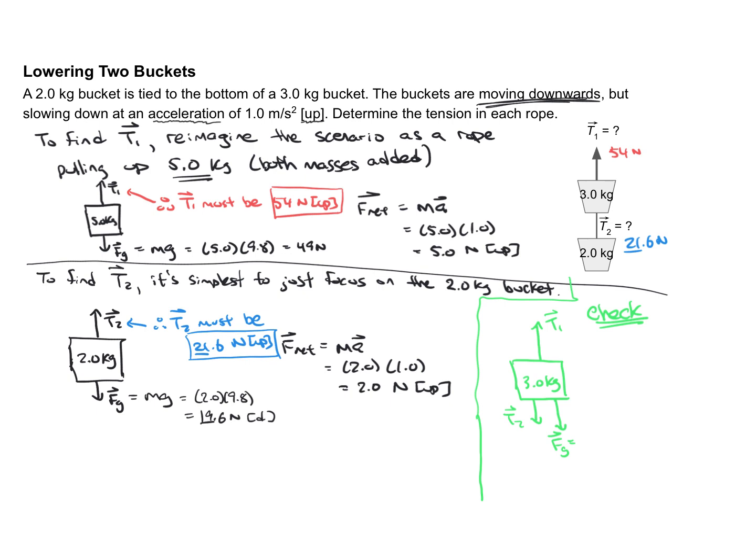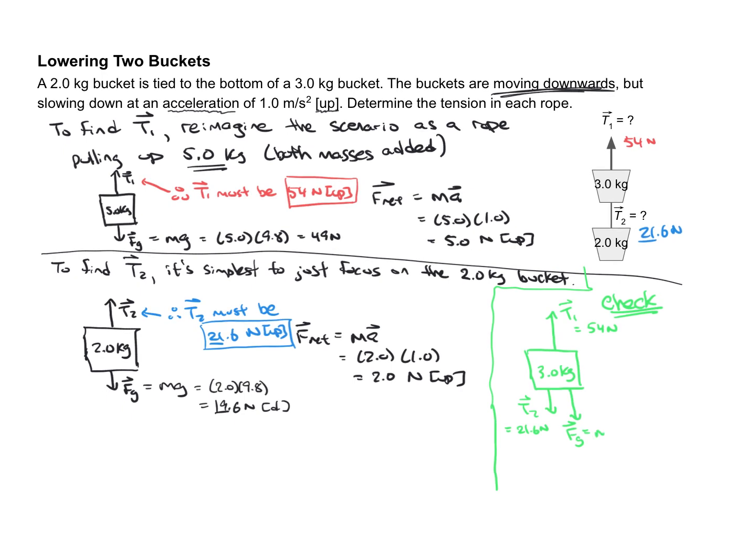So I've calculated both tensions. Tension 1, I calculated as 54 newtons. Tension 2, we calculated as 21.6 newtons. And then gravity, we're going to calculate with mg. So 3 kilograms times 9.8 gives 29.4 newtons.